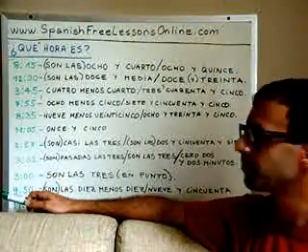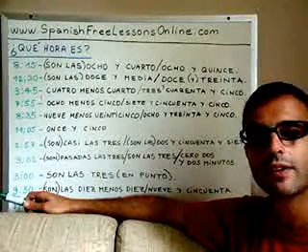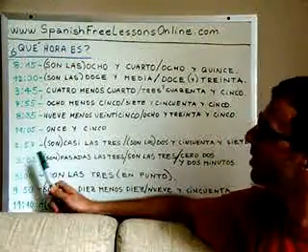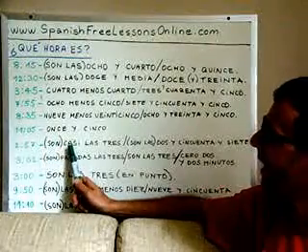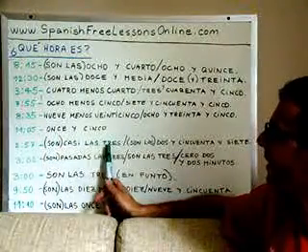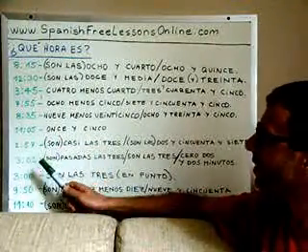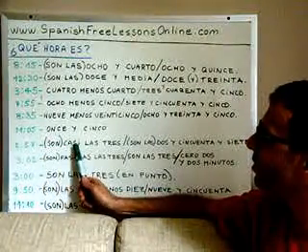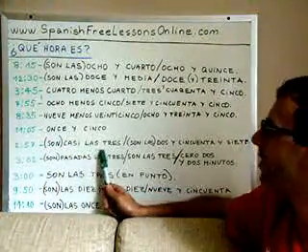2:57. We can say it's almost 3. Son casi las 3. Literally means they are almost the 3.